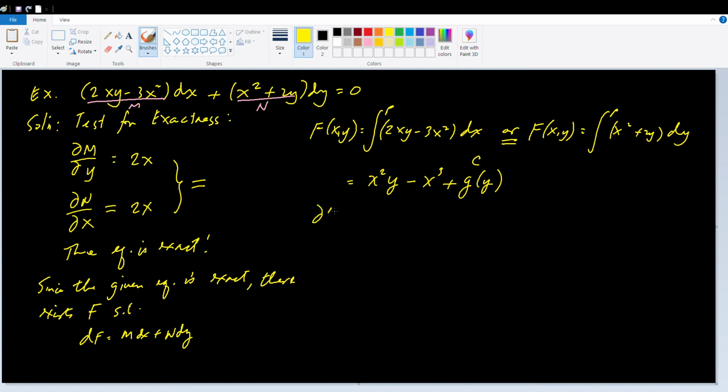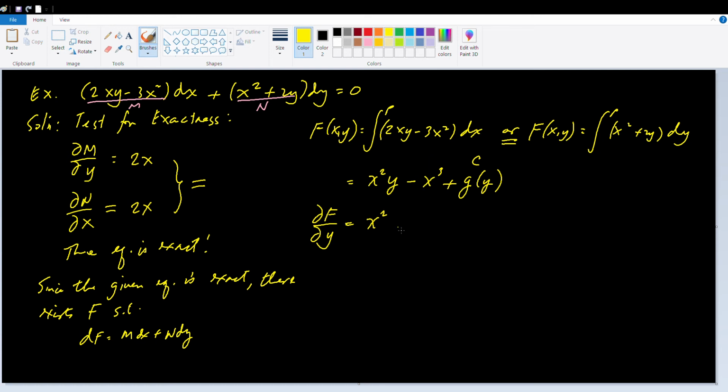Next, we get the partial derivative of f with respect to y. So we consider x as a constant now. Any function of x is treated as a constant. We differentiate y with respect to y, which is 1, times the constant x squared. Minus x cubed is a pure function of x, so its derivative with respect to y is 0.